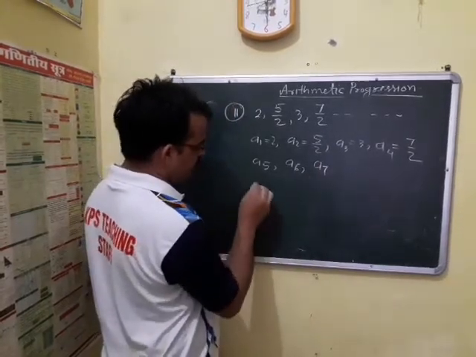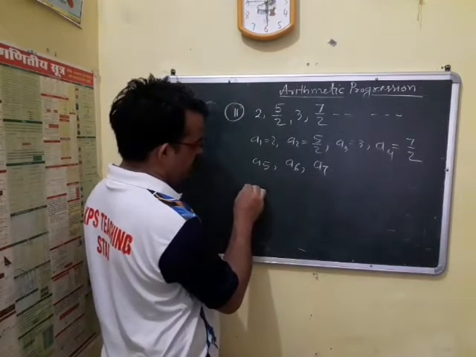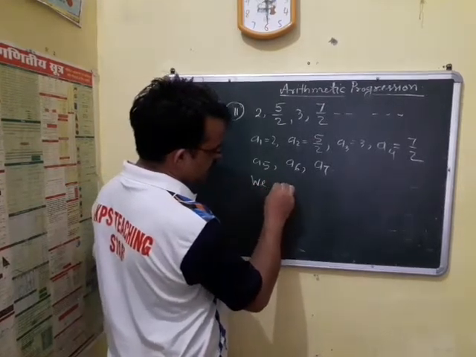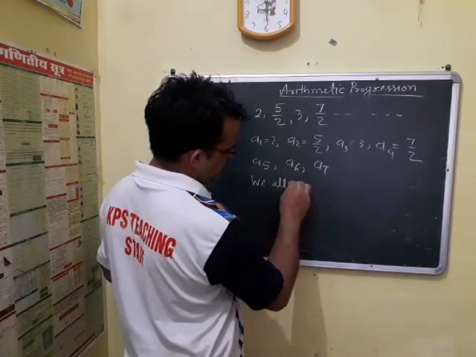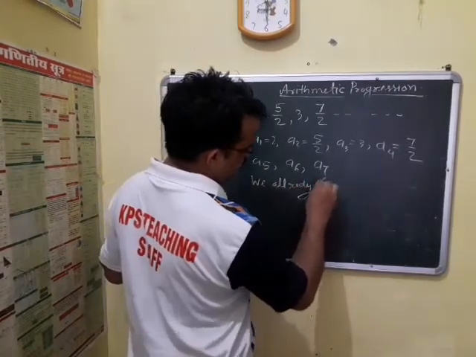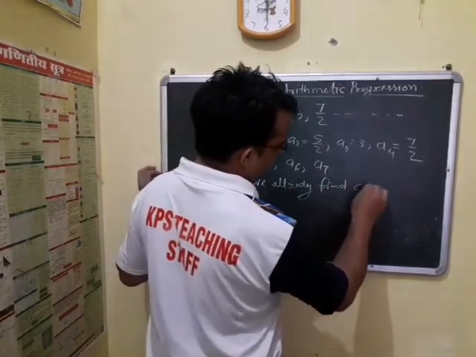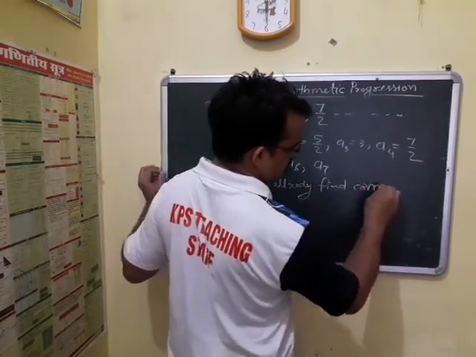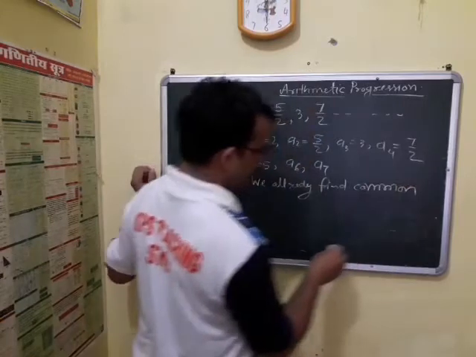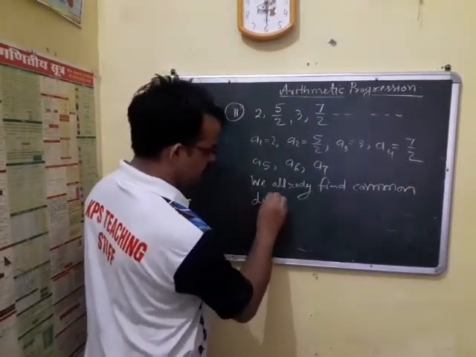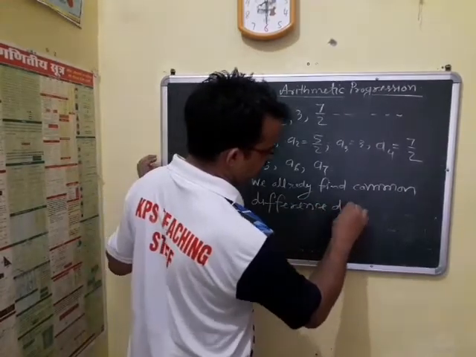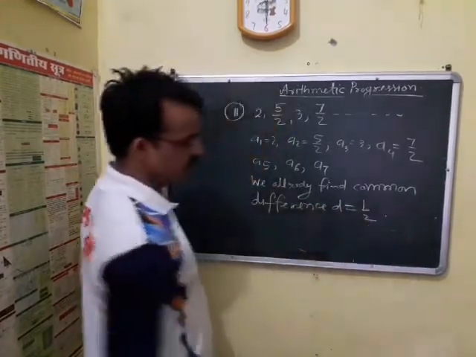We already found the common difference D as 1 by 2. Clear?